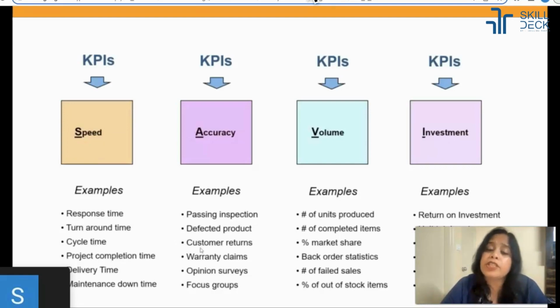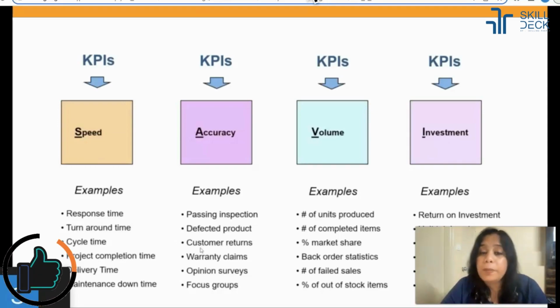Is there anything related to accuracy, like passing inspection, survey score, how many warranty claims? Volume means total units produced, total market share, and investment is cost, ROI. So when we select the KPIs, we select them on all four of these.